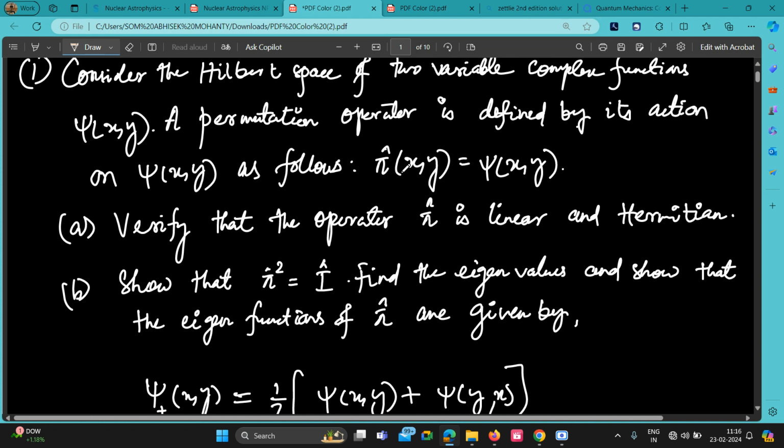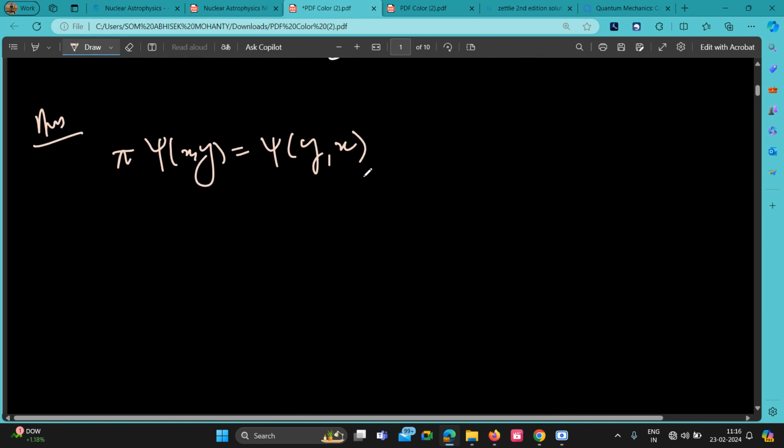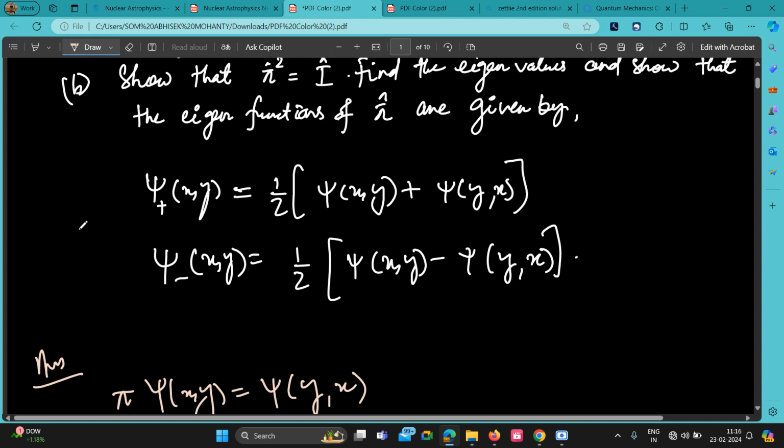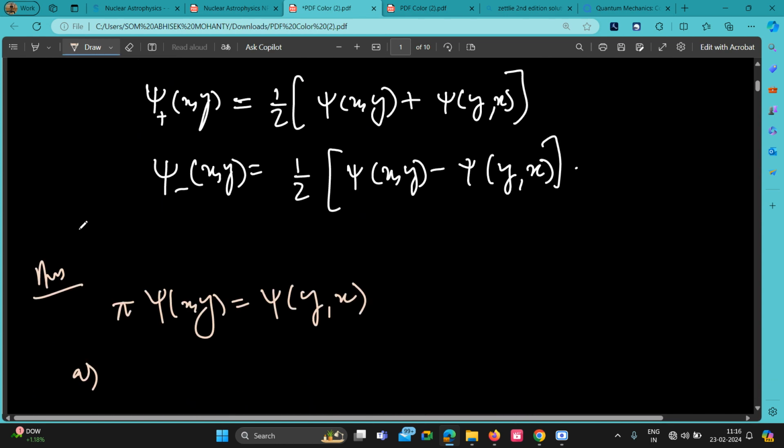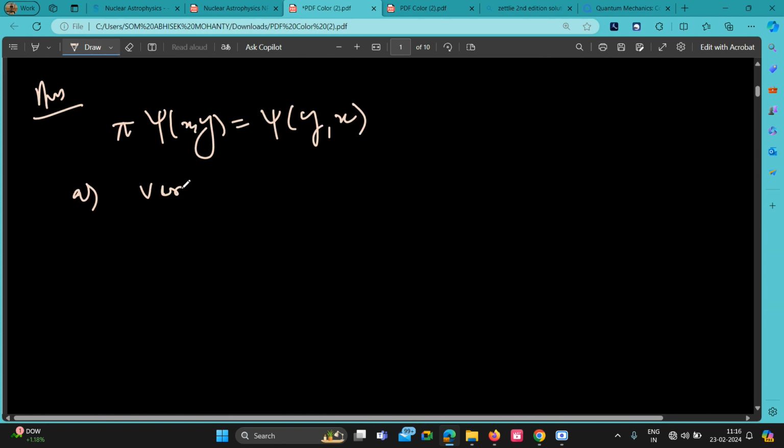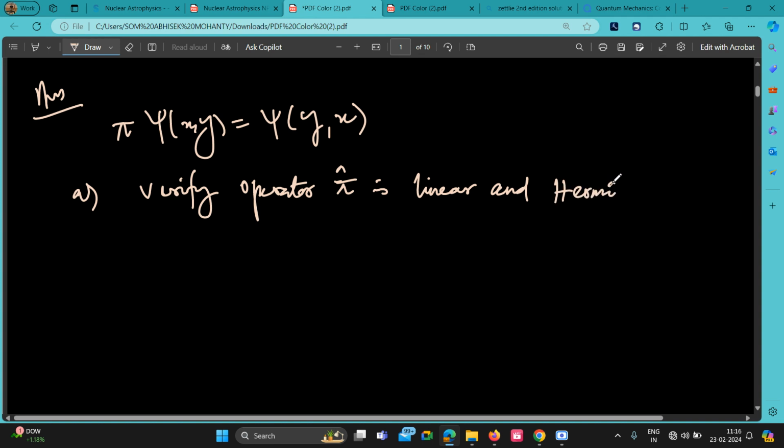Okay, my bad, I wrote psi y earlier. So pi psi xy is equal to psi yx. First of all, we want to verify that the operator pi is linear and Hermitian.